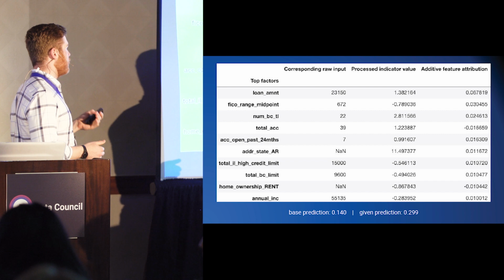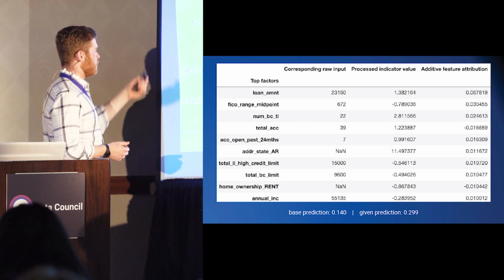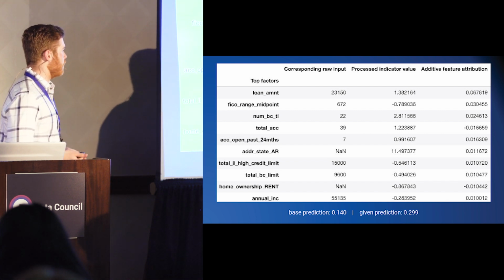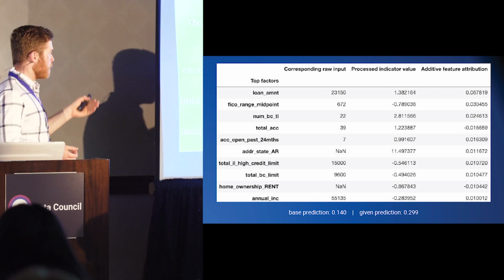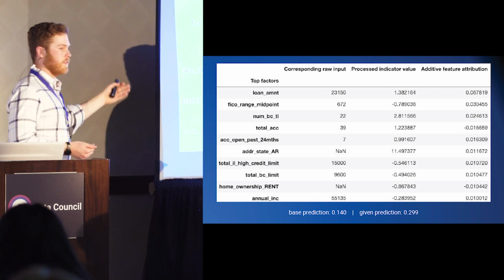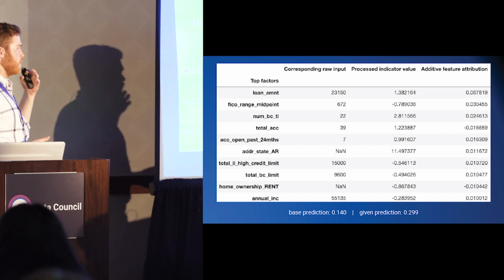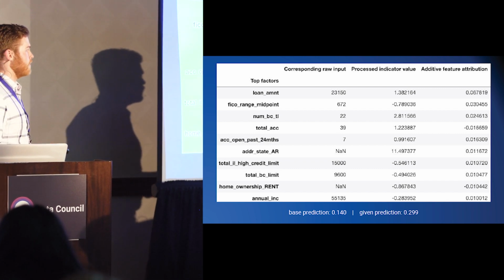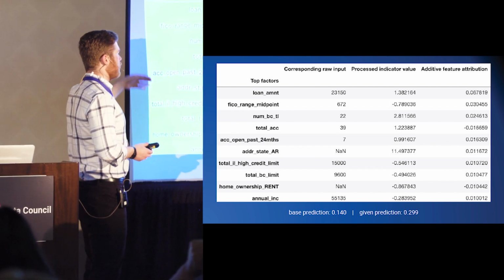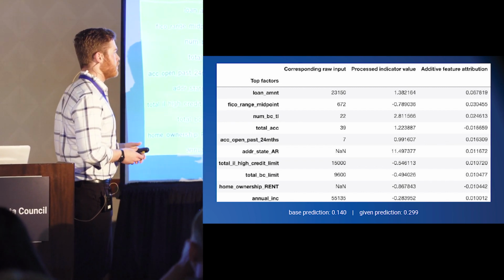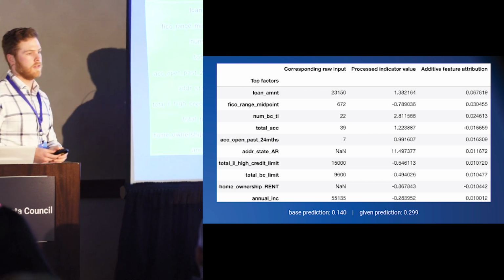Similarly, FICO midpoint, and this number of, I actually cannot tell you what the BCTL is. If you work in finance, you might know. Those things are also contributing to the model's confidence that you are a riskier person than normal. However, there are a couple things that the model is actually using in your favor. The high number of accounts. As we saw in the logistic regression, boosted trees also likes 39 accounts.